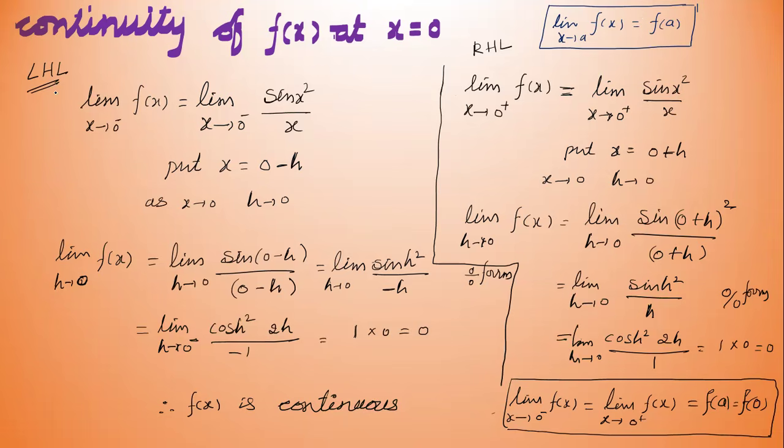Here we want to find LHL, left hand limit, and RHL, right hand limit, and compare with the functional value. That means limit x tends to a minus f of x is equal to limit x tends to a plus f of x is equal to f of a. Then in that situation, a function is said to be continuous.